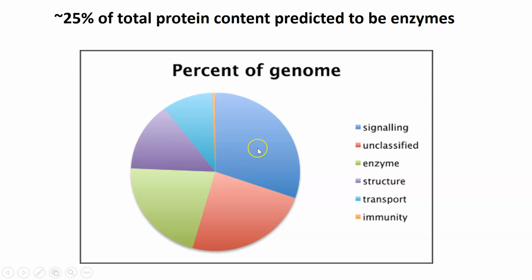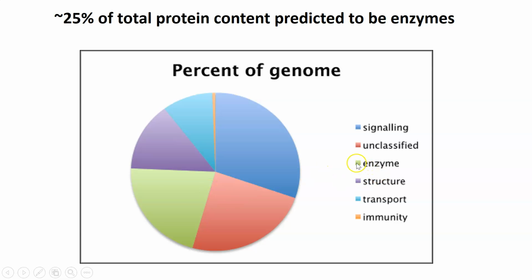Based on the sequence data that we have from the Genome Project, we can confidently say that about 25% of the total protein content is enzymes. In other words, about 25% of the genome.